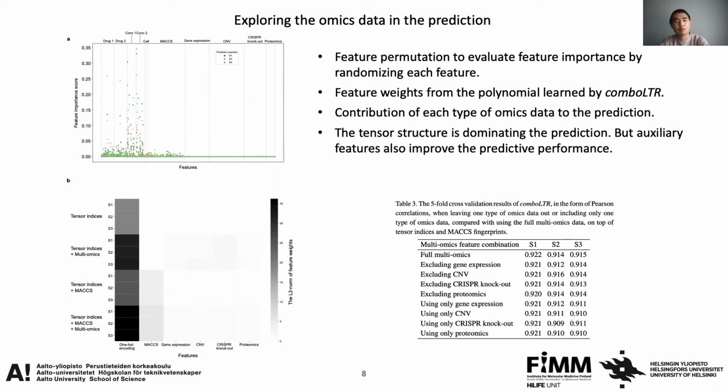In general, we found that the higher order tensor structure is dominating the prediction, especially in the easier prediction scenario. And due to the limited number of drugs and cell lines, here we have only 102 drugs and 19 different cell lines, the performance improvement brought by auxiliary features is also limited. But still, the method benefited from those auxiliary features, especially in harder prediction scenarios.